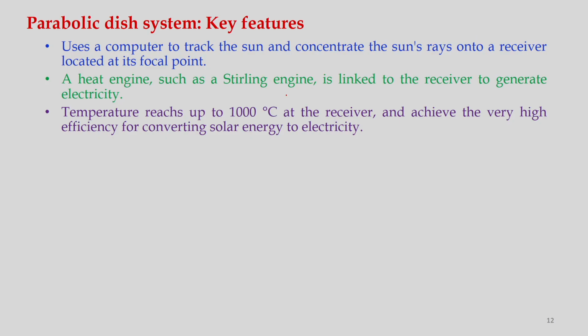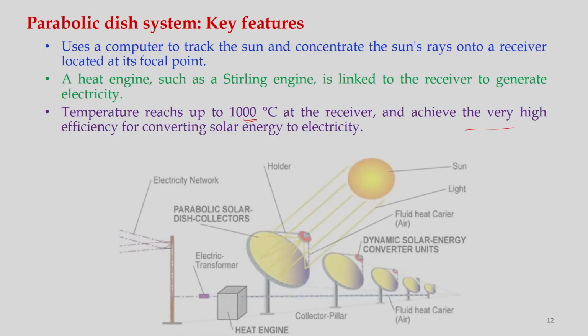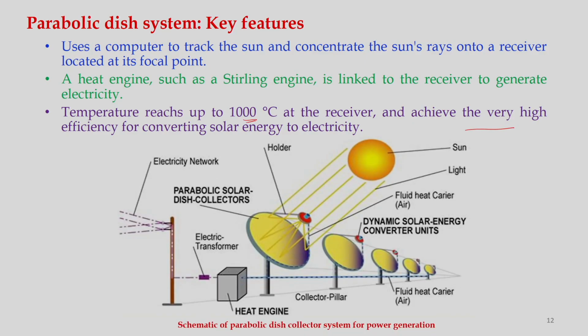As we have already discussed, a very high temperature can be attained by using this technology. It is reported that 1000 degree C can be achieved. Okay, and that is why the efficiency is also very, very high. Efficiency means thermodynamic efficiency is very high compared to other technologies.